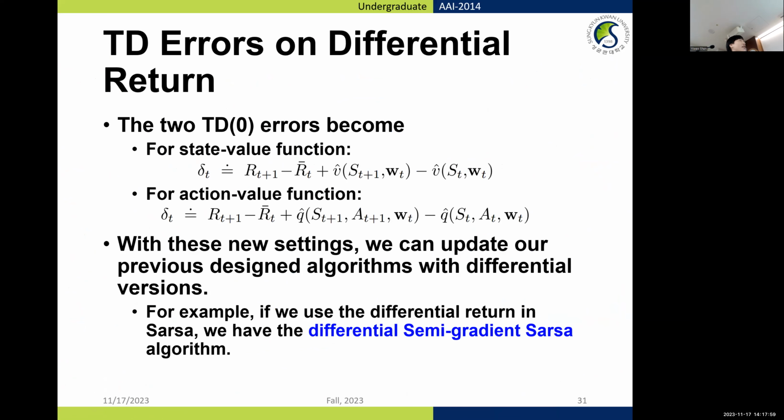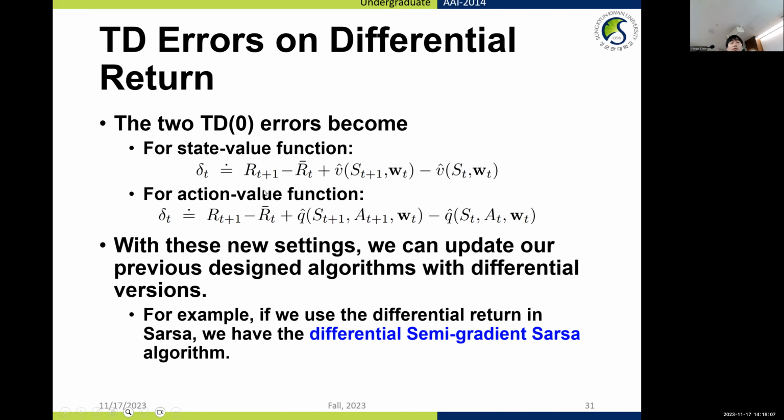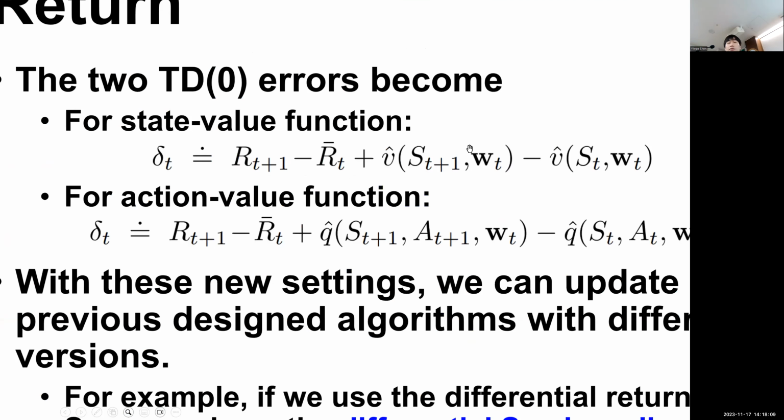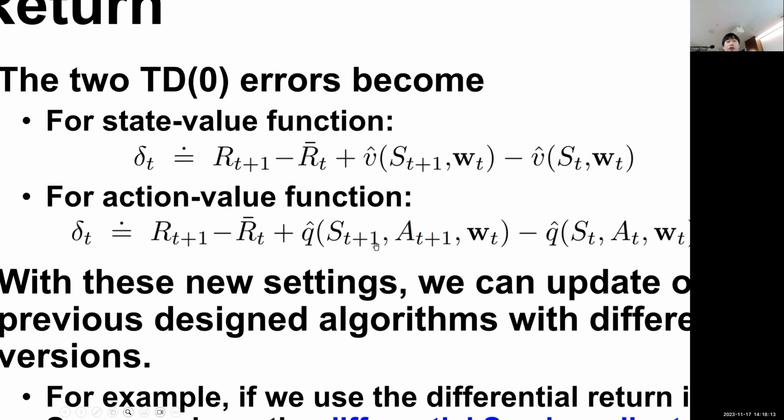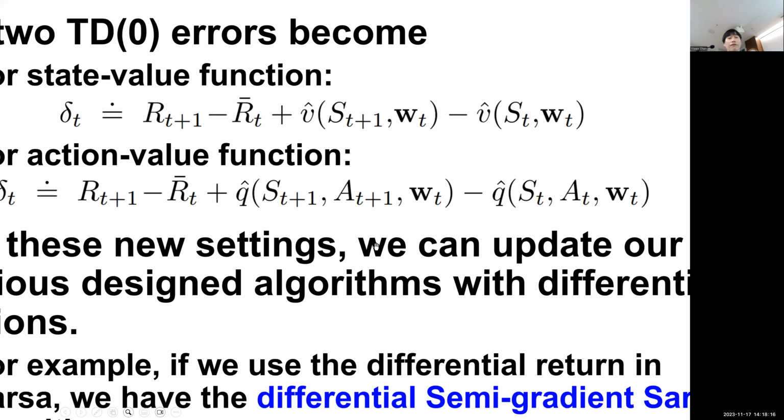Similarly, for the TD errors on the differential return, we also have a new update. The two new TD(0) errors become, for the state value function, this shape, and for the action value function, this shape. You see here the difference is that we are using the average reward, and we use R bar to represent it.